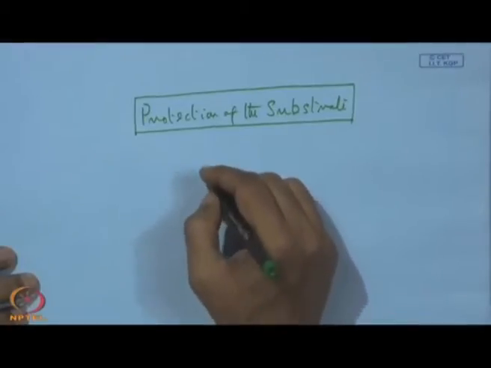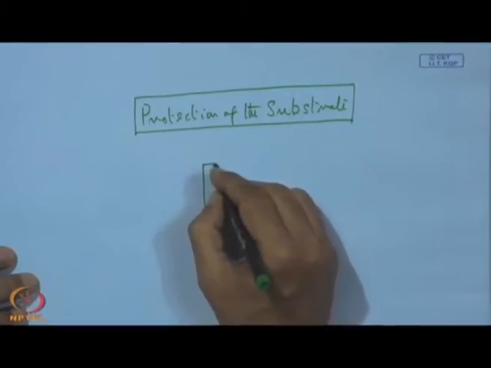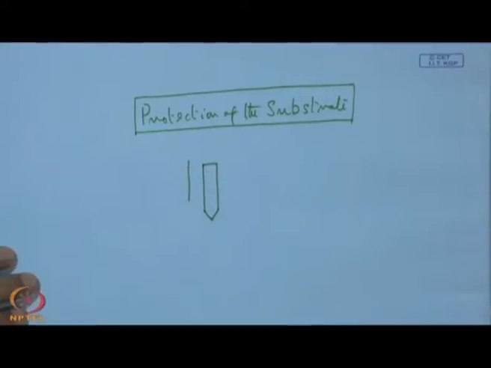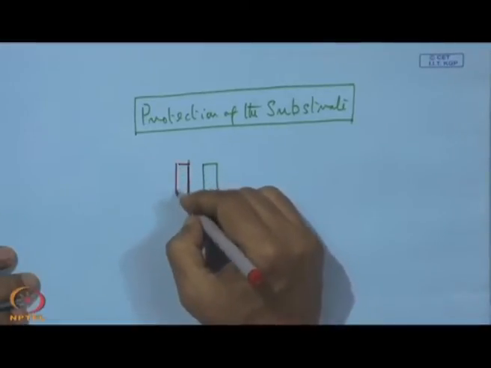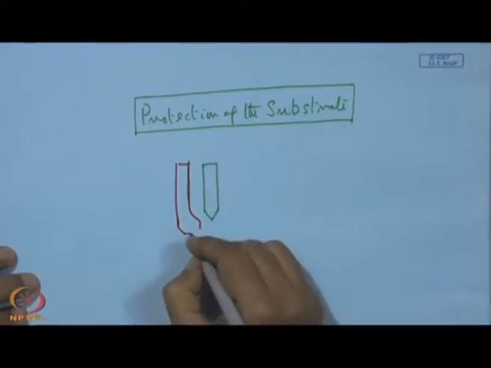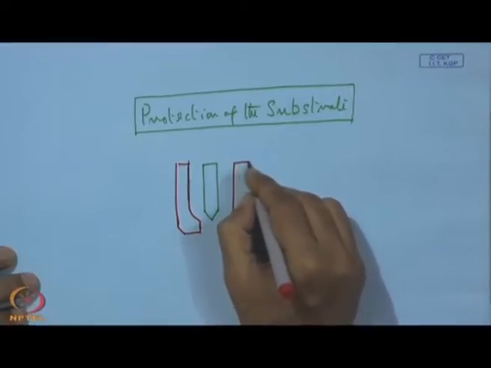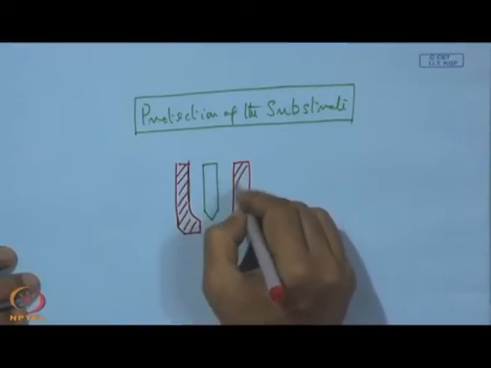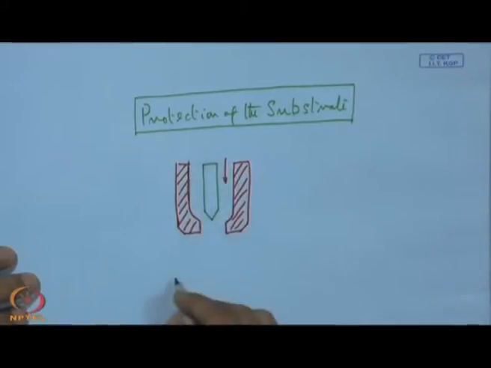Say for example, here we have the centrally located cathode and at the same time here we have the anode, and through this arc gas is passed, but here we now have the substrate like this.